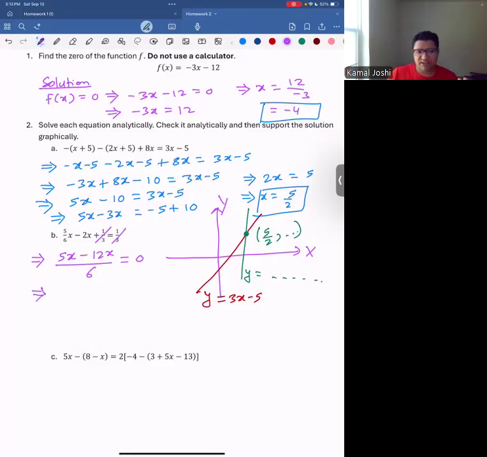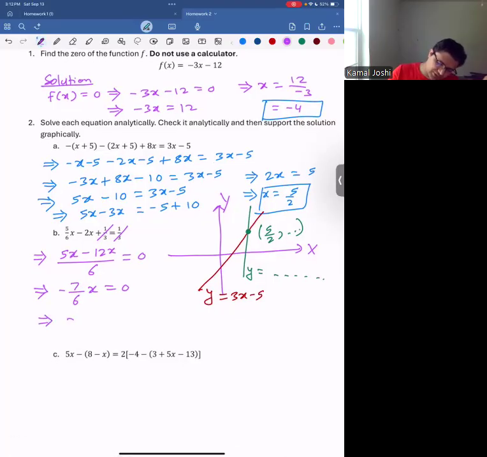The only thing we wanted to check is if the left side also becomes 0, right? Which it did not. So you basically get some non-zero, minus 7 over 6 x equal to 0. 5 minus 12 is minus 7, right? So it's minus 7x. And that only means x is 0.